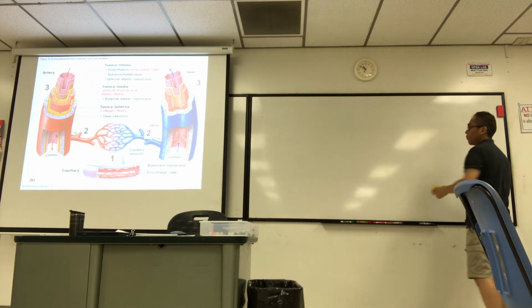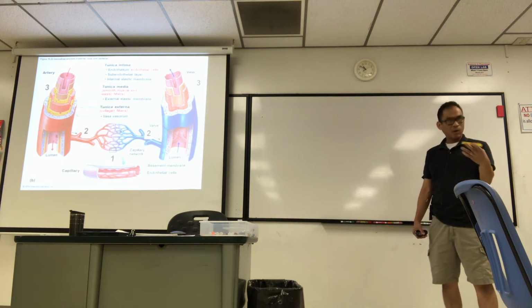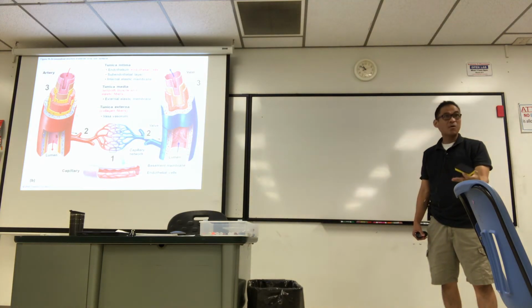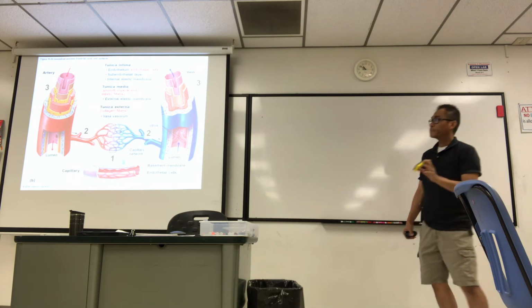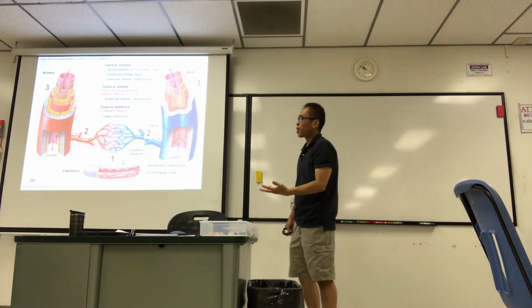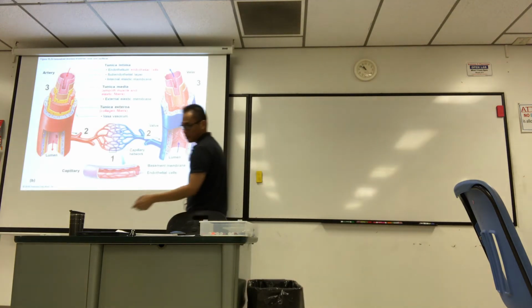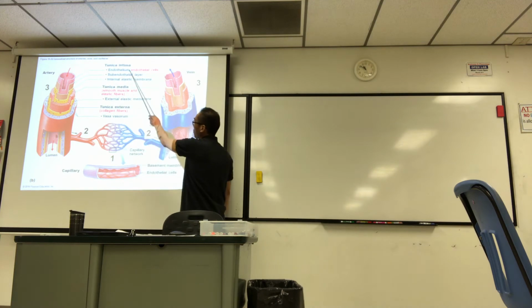Okay, so I got to teach what the tunics are. I did this before when I taught the heart wall. Remember how I taught the pericardium, the myocardium, and the endocardium? This is the same. In fact, you can think of endocardium as being the same as the innermost layer of a blood vessel, the tunica intima.